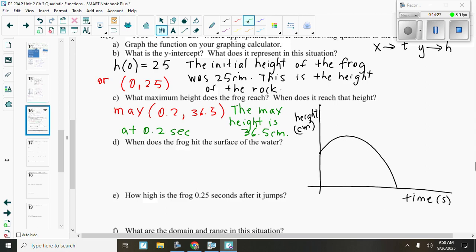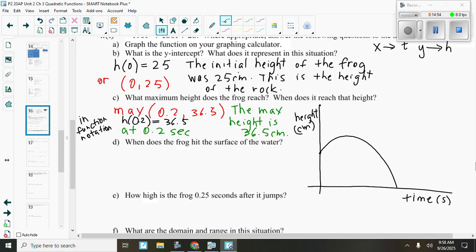So here's an example. Again, going back to what Kessler was asking, you can write it as an ordered pair if you want to, or in function notation. You could also write H at, when it's 0.2 seconds, that's when we're at 36.5.